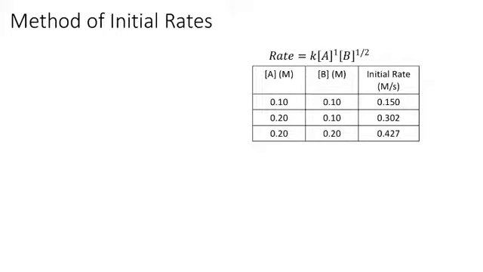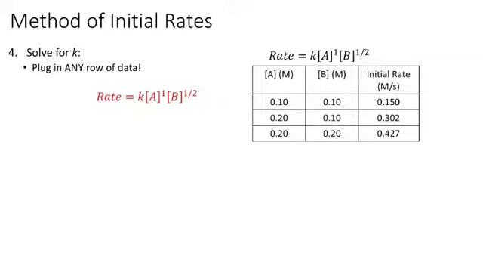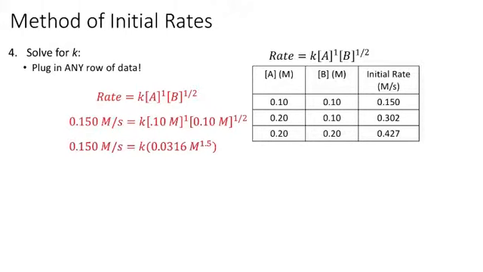Now that we have the complete rate law, we can solve for k. To solve for k, all we have to do is pick any one trial, plug in the known values of A, B, and the initial rate, and solve algebraically for k. In this example, I have picked the data from trial 1.